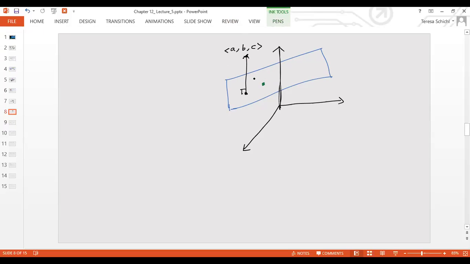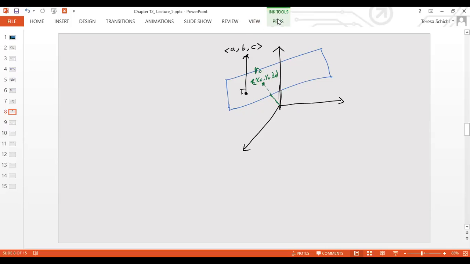This is the point x0, y0, z0, but we can also put it into a vector. We can say this is the vector r0 generated by this point. So now this is a vector, and it goes right here.